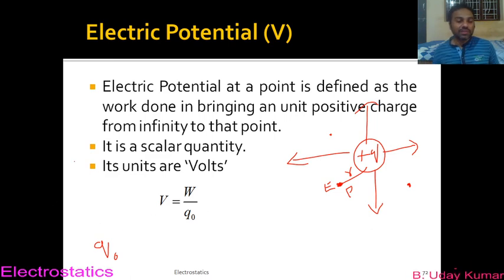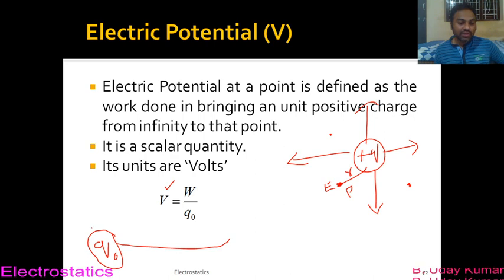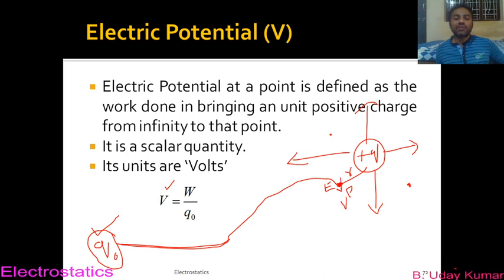Is that clear? So what is electric potential? Electric potential is the work. So this is V. Electric potential is denoted by V, and it is defined as the work done in bringing a Q0 charge, which is present at infinite distance, from infinity to this point. It is called the electric potential at that point.